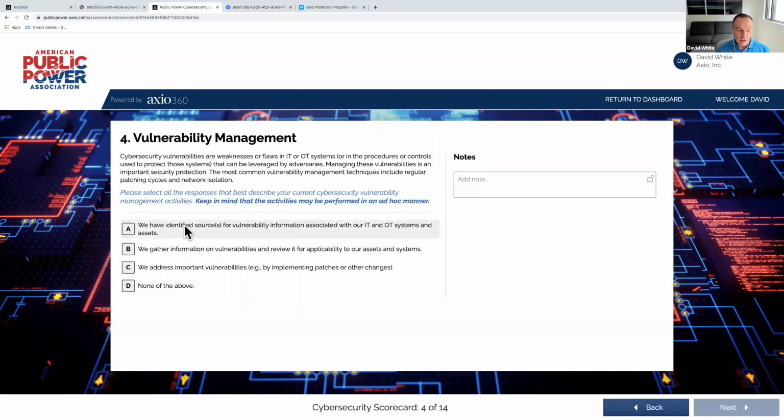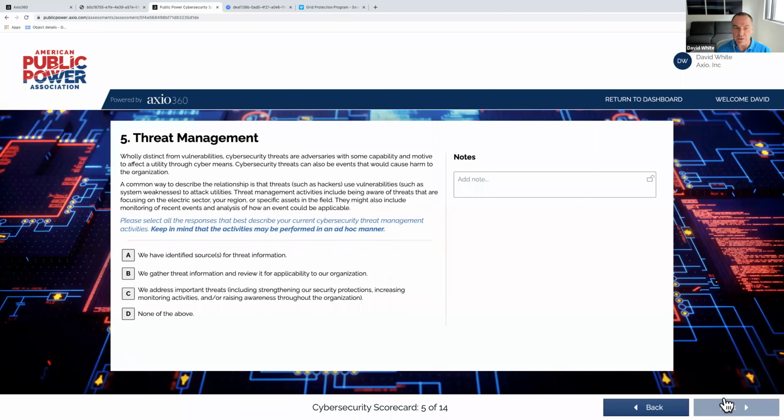And so the basics for vulnerability is having information sources that we can go to get information around vulnerabilities, actually using those information sources to gather information and figuring out whether it applies. Having an inventory, which was question 1, really helps you understand whether a vulnerability applies to your system, and then addressing those vulnerabilities.